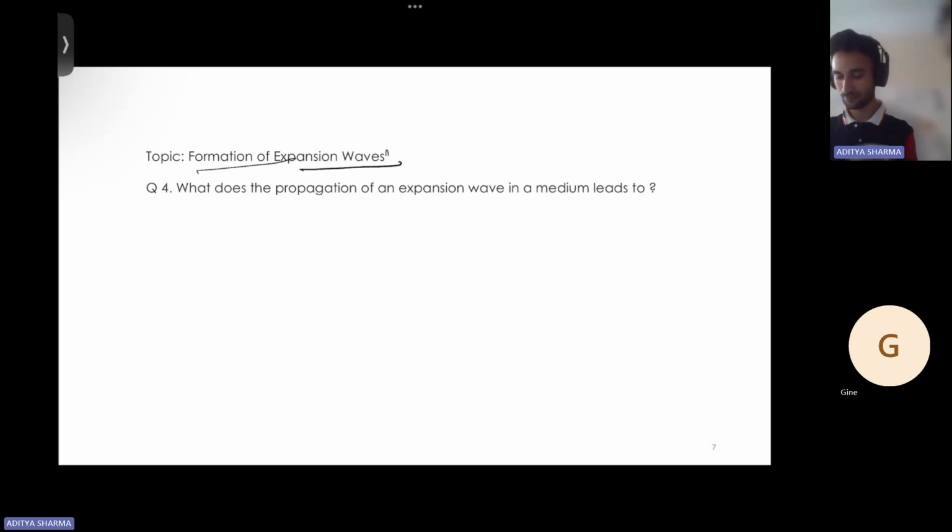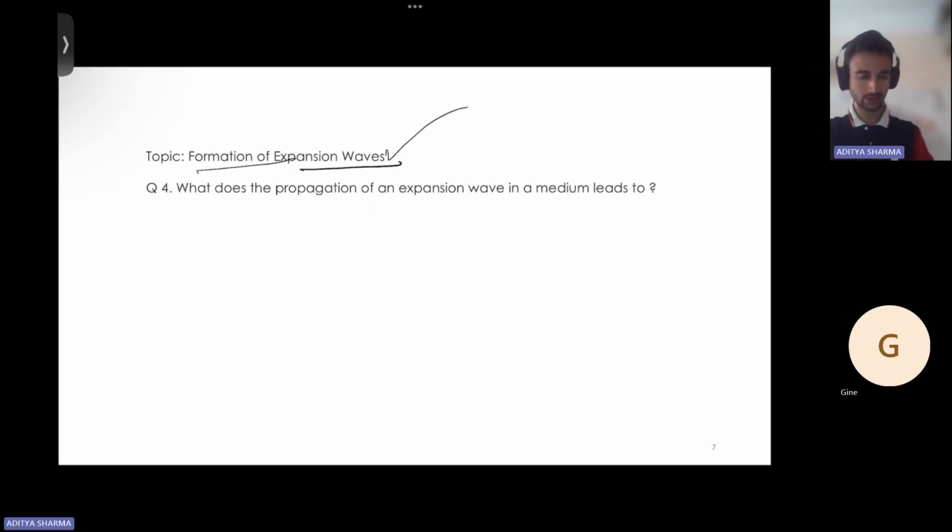The question says, what does the propagation of an expansion wave in a medium lead to? As I was discussing the modeling of expansion waves by means of the piston example, I believe the question is based on that only.